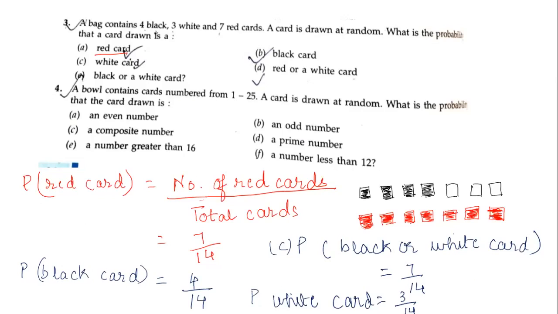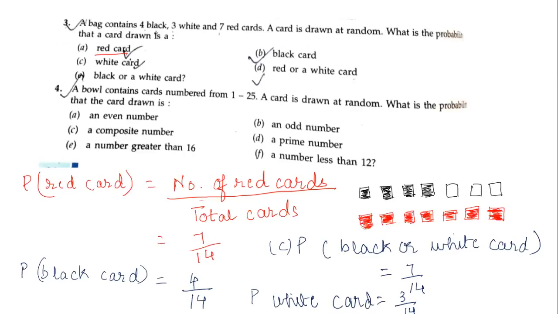So let us calculate. One part is left. Black or a white card we have done. Red or a white card is left. Probability of getting a red or a white card is equal to number of red and white cards. देखिए number of red and white cards कितने हैं?